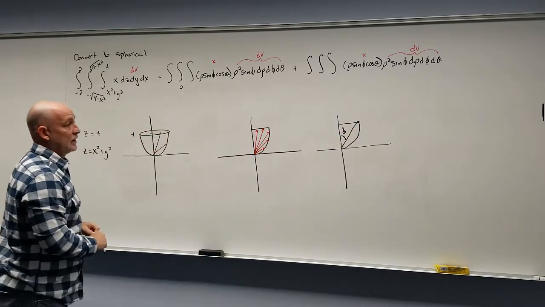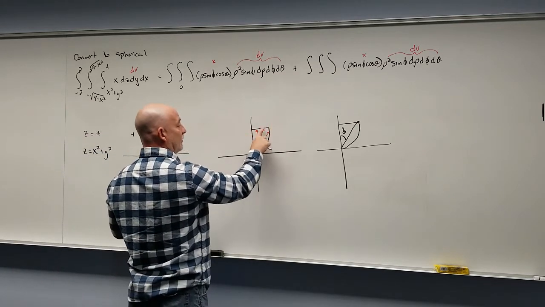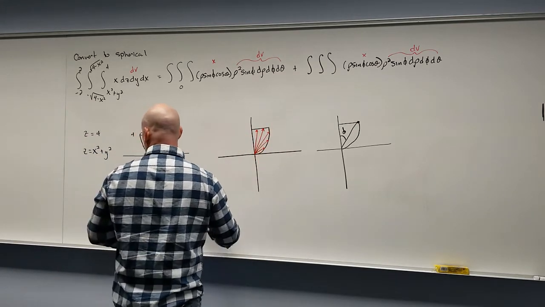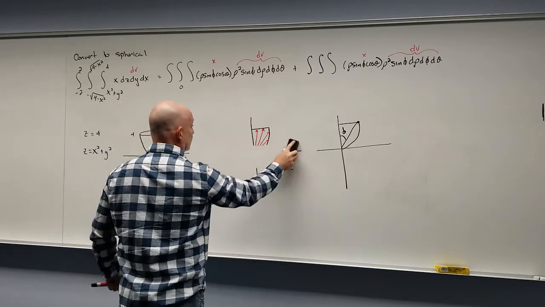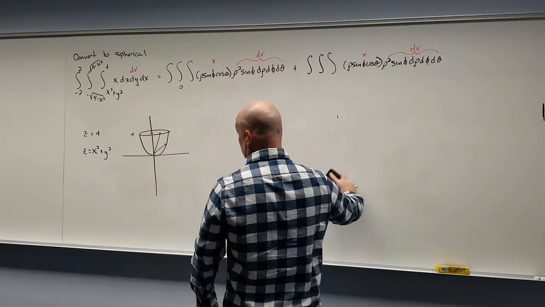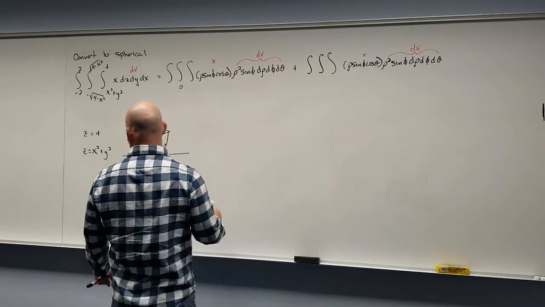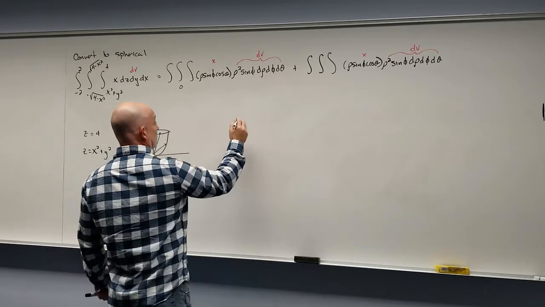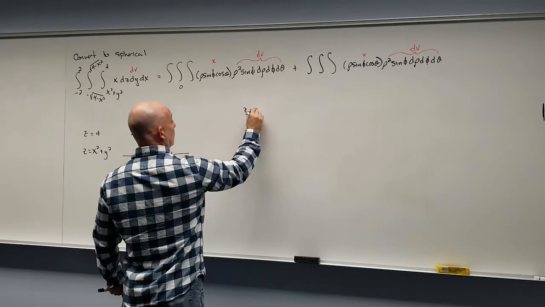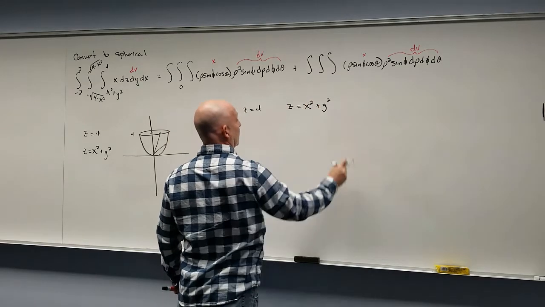This is going to take a little bit of work, but just like we did before, that's when the two surfaces meet each other. So when do these two surfaces meet? That's when z equals 4 and z is equal to x squared plus y squared.